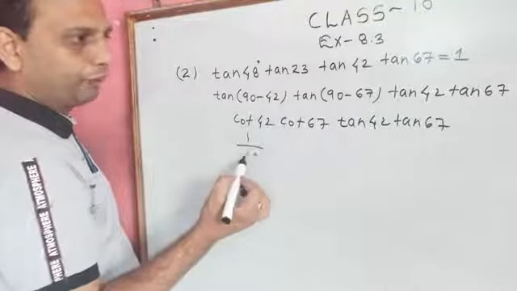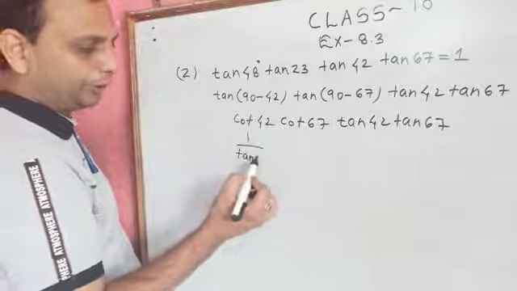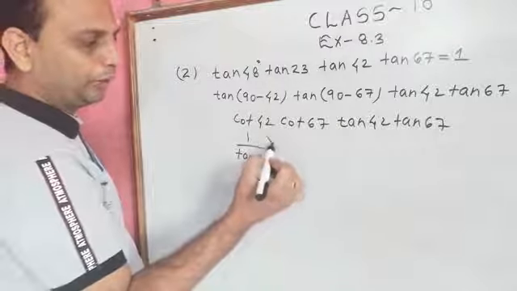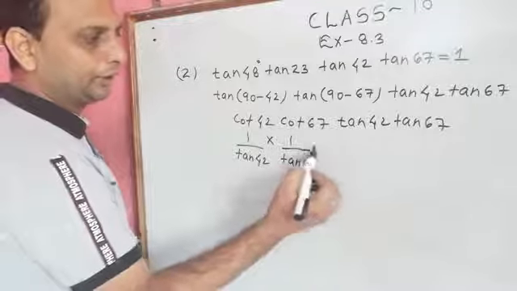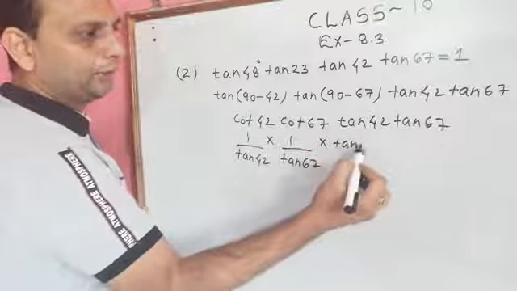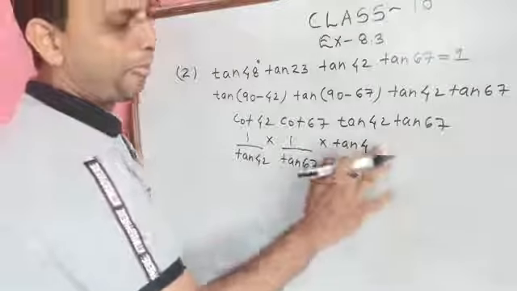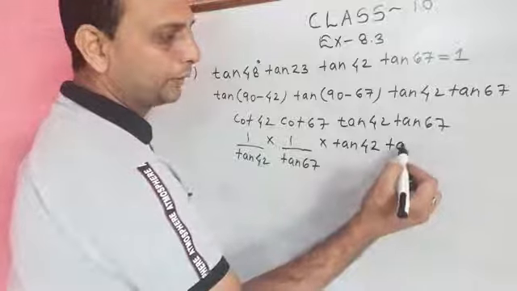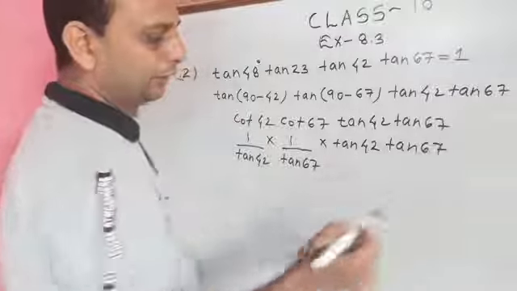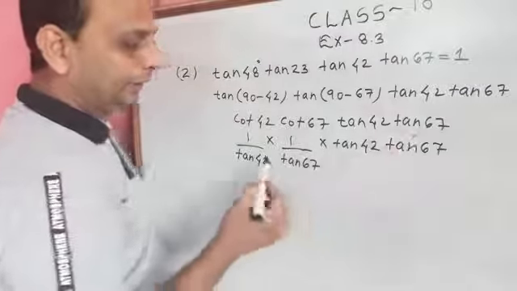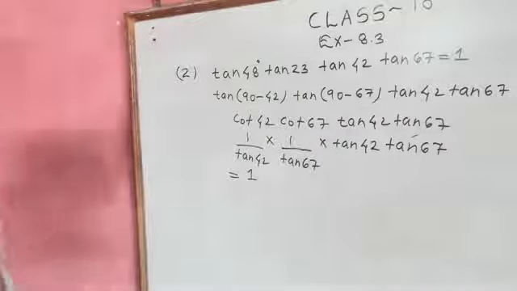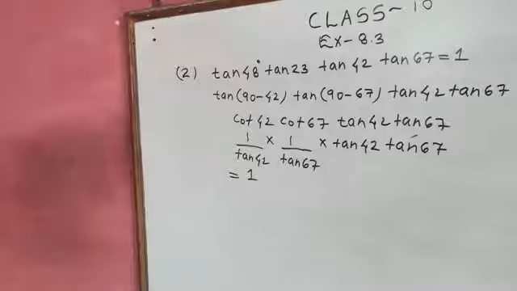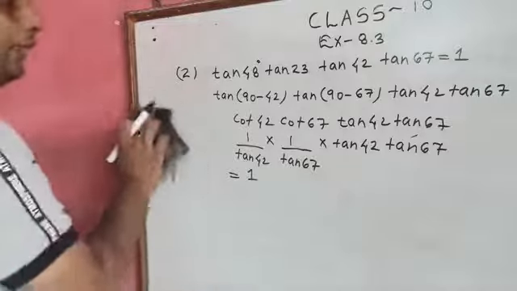So cot we can write 1 upon tan 42, and this we can also write 1 upon tan 67. Then tan 67 cancels, tan 42 cancels, and it is equal to 1. 1 is the answer. So this question gets complete. Now we take the next one.